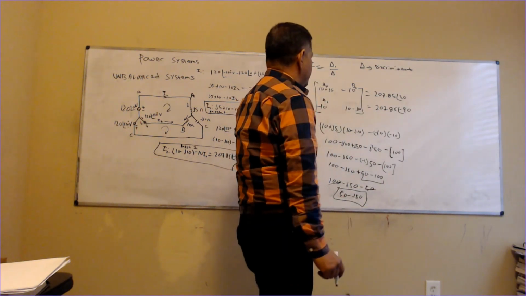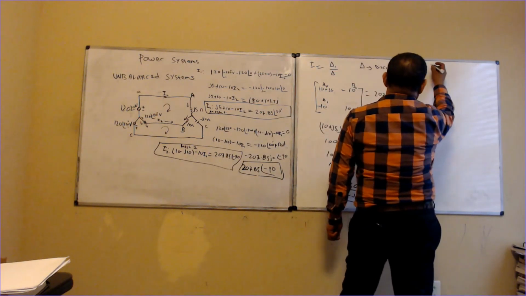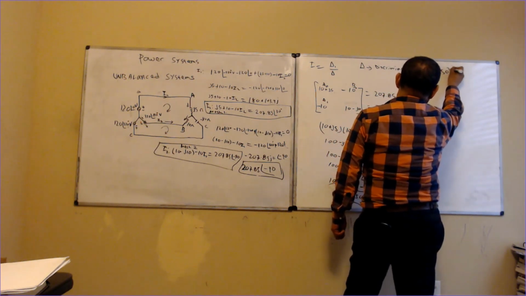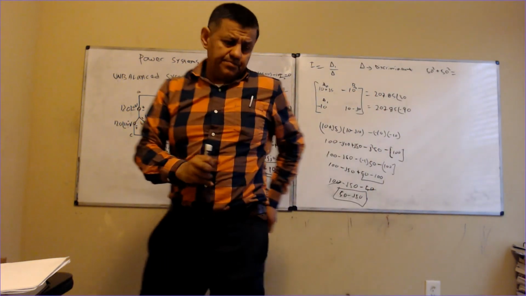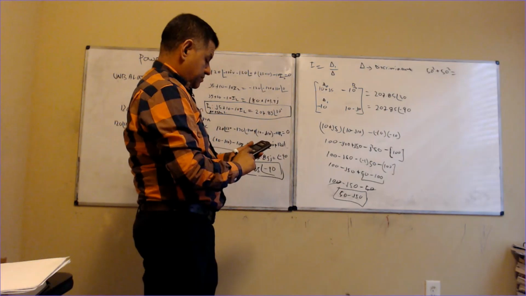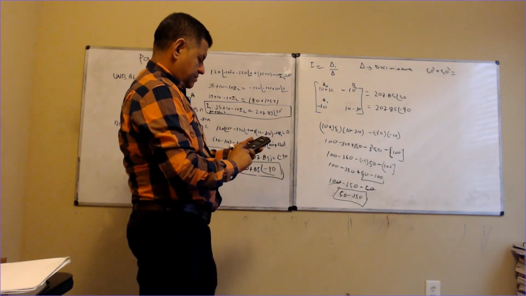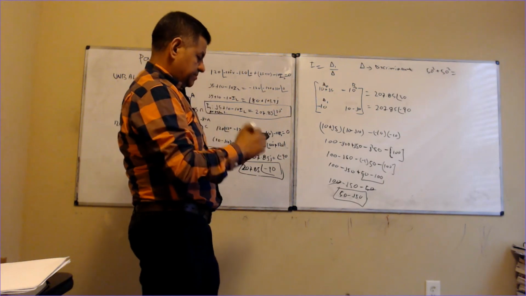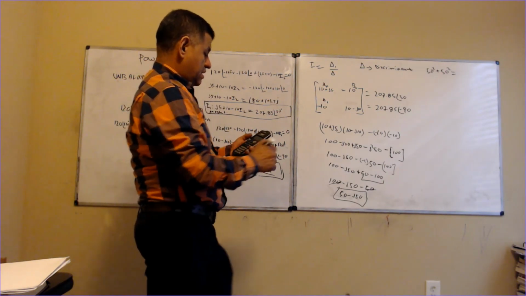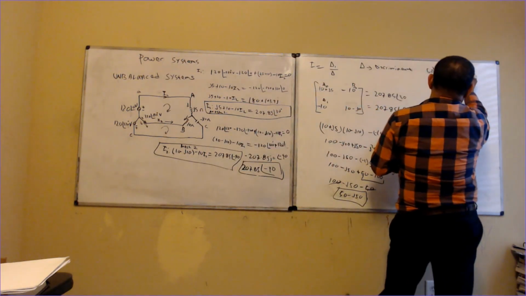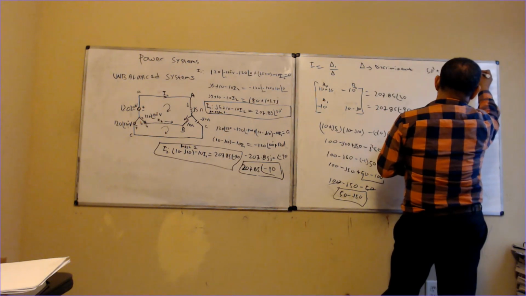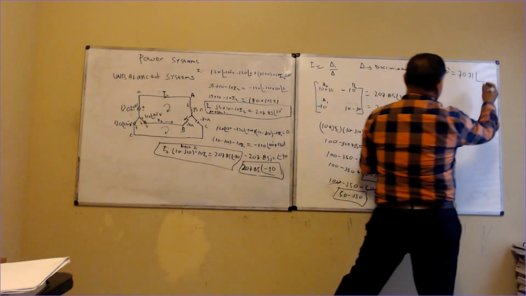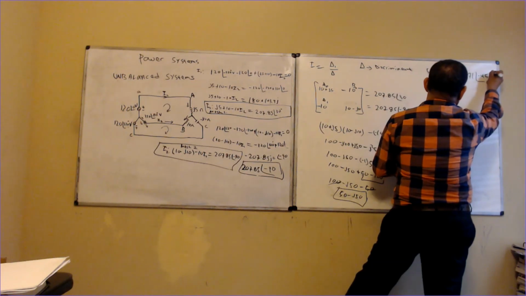So how do we actually do it simpler? You take 50 squared plus 50 squared, and you take the square root of that, it's 70.71, with an angle of, in this case, negative 45 degrees.